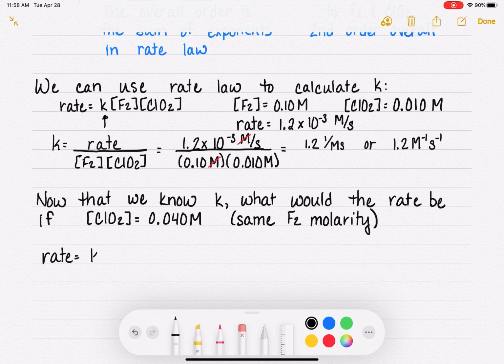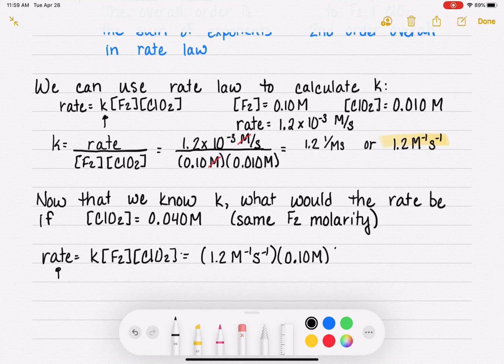Rate equals k [F2][ClO2], and this time the thing that we're trying to solve for is rate. What would the rate be with these new conditions? So our K, which we solved up here, is 1.2 per molarity per second, same F2 molarity, 0.1 molar, ClO2 molarity, 0.01 molar. One of our molarity units will cancel.